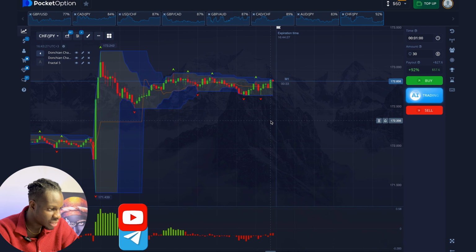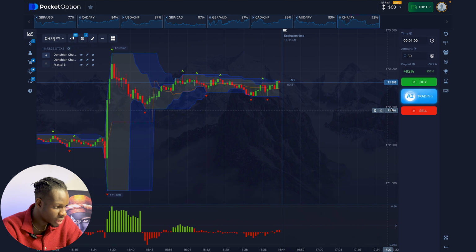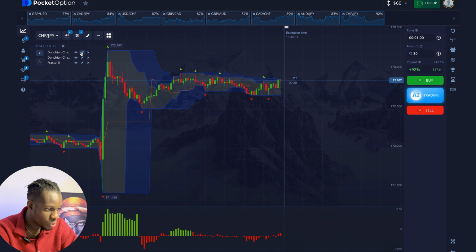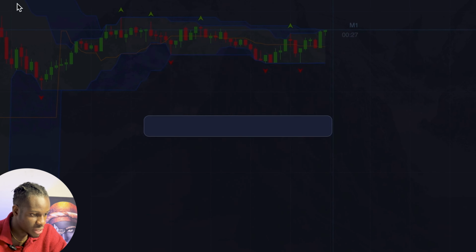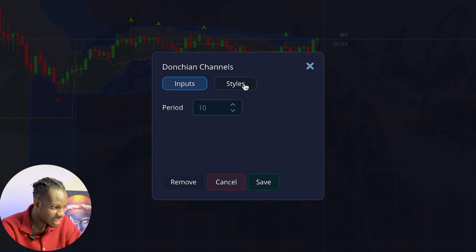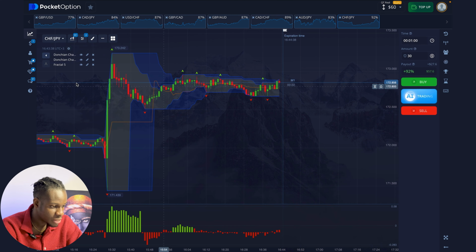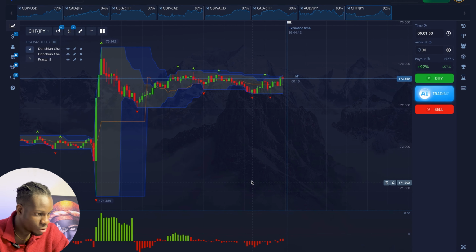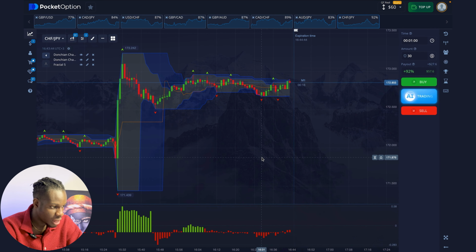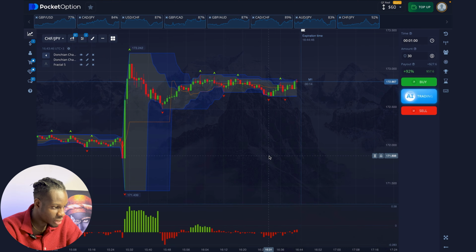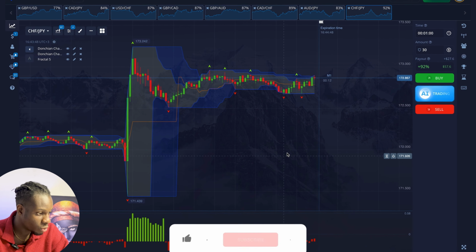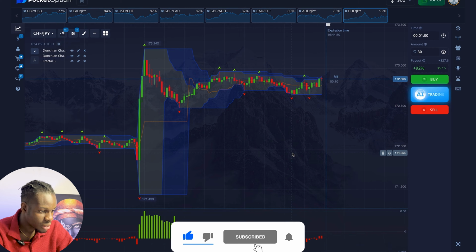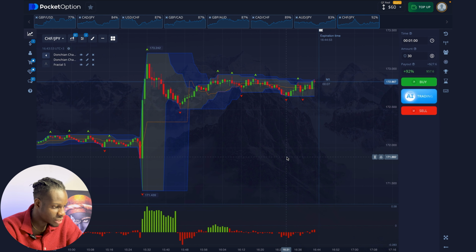And the indicators that I've decided to use for today are our Donchian channels with a period of 20 and 10, and our fractal indicator with a period of 5, and also the momentum oscillator. We'll also keep an eye on the volumes. That will help us as well. And it's kind of easier now because the market is not very volatile right now. Yeah, that's it for the indicators.